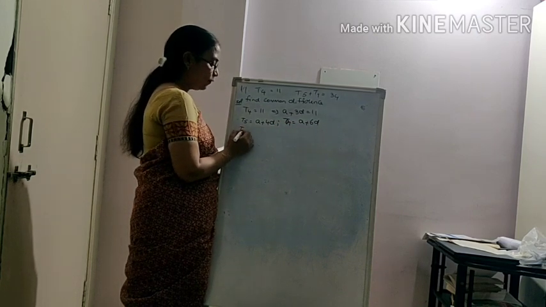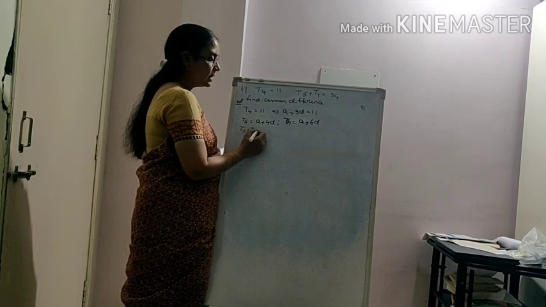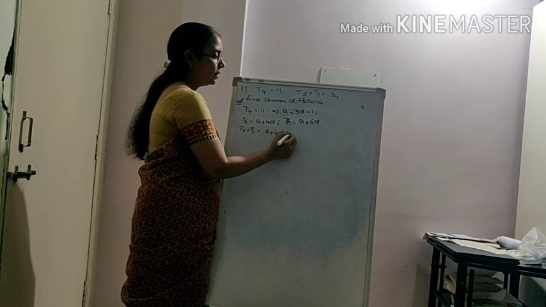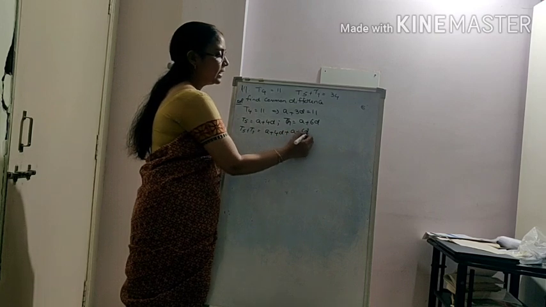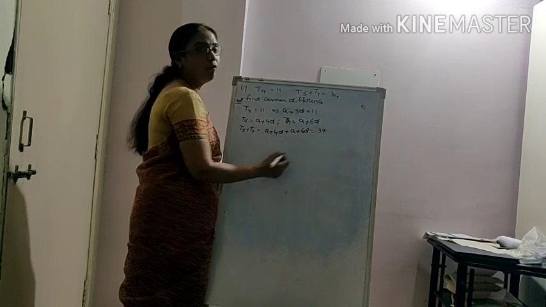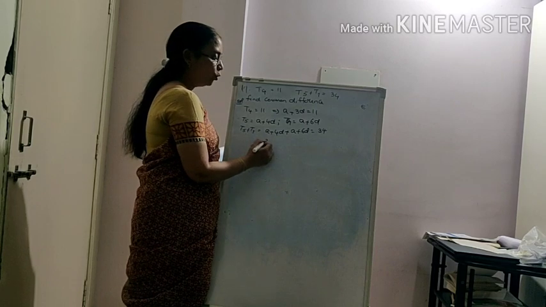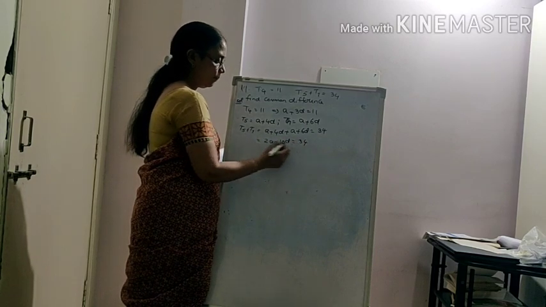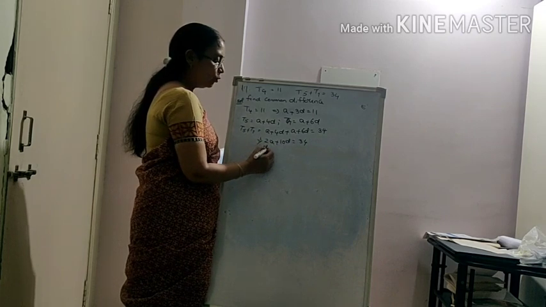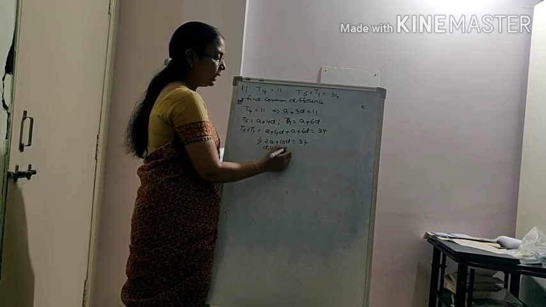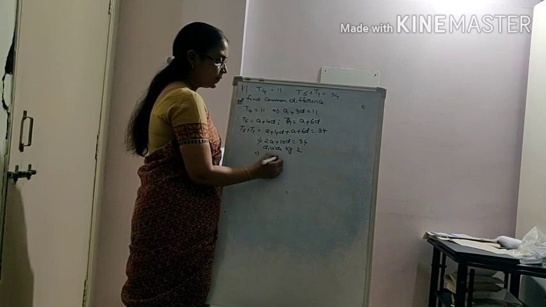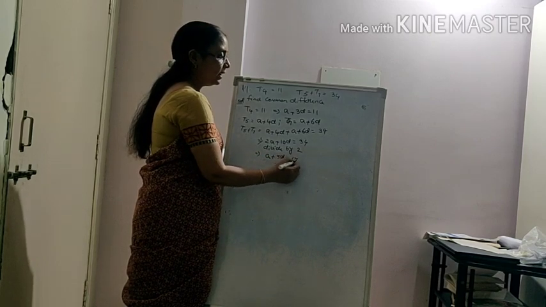Now the sum of the fifth and seventh terms, that is A plus 4D plus A plus 6D, is given as 34. 2A plus 10D is 34. We can divide the entire equation by 2 so that it gets simplified. A plus 5D is 17.